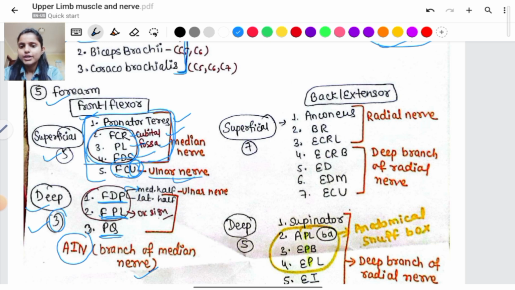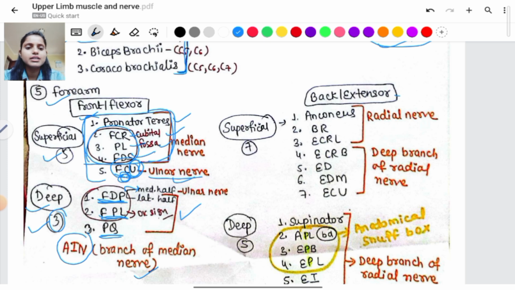So in the forearm flexor compartment, all muscles are supplied by the median nerve except 2: flexor carpi ulnaris, and the medial half of flexor digitorum profundus, which are supplied by the ulnar nerve. All other muscles are supplied by the median nerve.